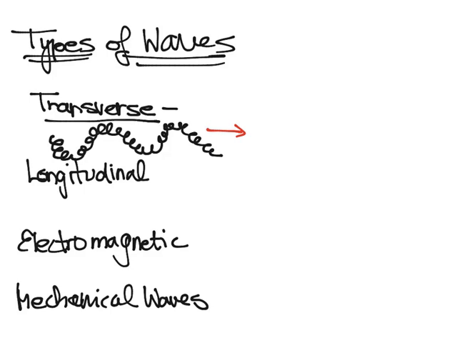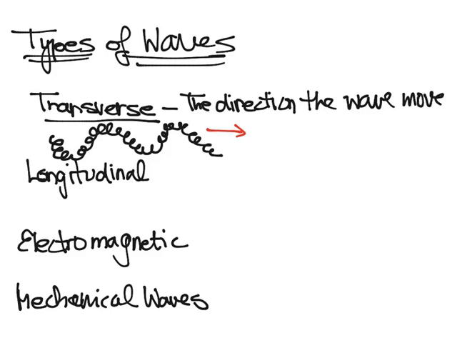The definition of a transverse wave is that the direction the wave or the disturbance moves is perpendicular, and I'm just going to draw the perpendicular symbol from math, to the displacement in the wave.